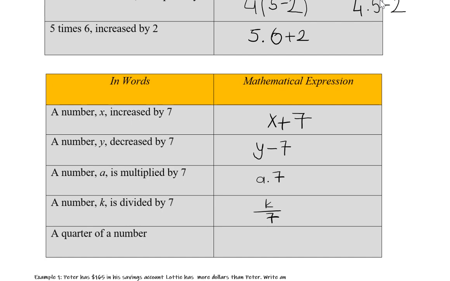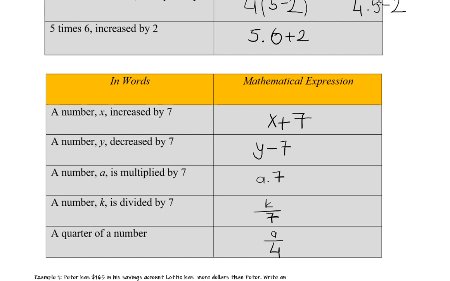Which means 1/4 of a number. Let a be our number. A quarter of a means you should divide it by 4. A divided by 4. Please find the representation of half of a number.